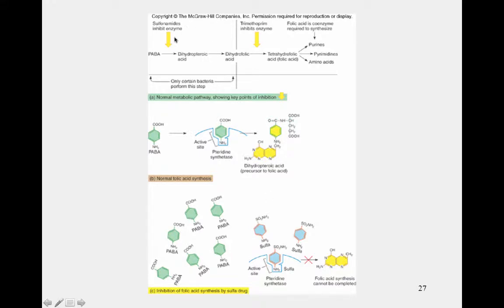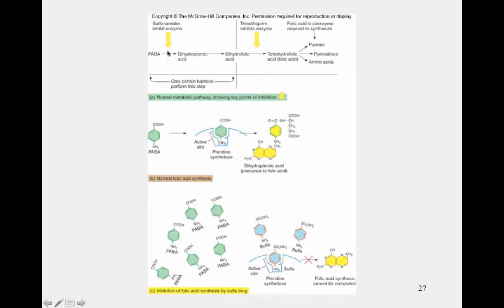So this is just the example here showing you for the sulfonamides, right? I mentioned that it will target an enzyme that's involved in the folic acid synthesis pathway. So in this pathway, PABA is converted to DHA and then goes on to be converted to THA, which is folic acid, and then folic acid is a precursor to DNA, RNA, and amino acids.